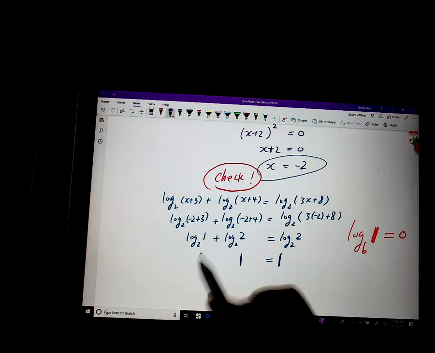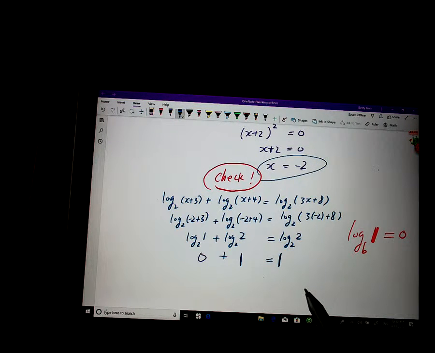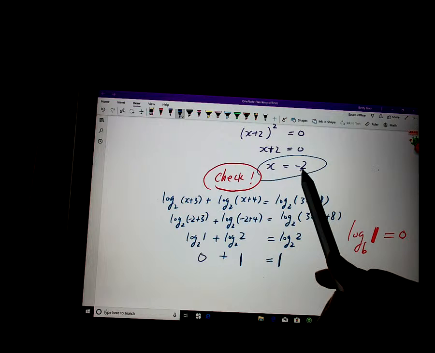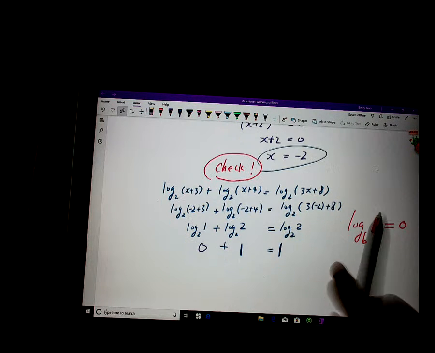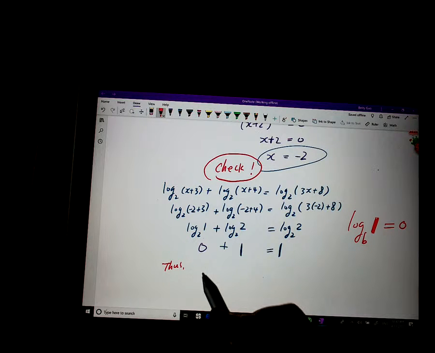So we have a 0 here. So this logarithm is 0. 0 plus 1 equals 1. We got a true statement. It means -2, this proposed solution, is an actual solution. You can make a conclusion. Thus, the solution set of the original equation is a set containing one solution only, which is -2.